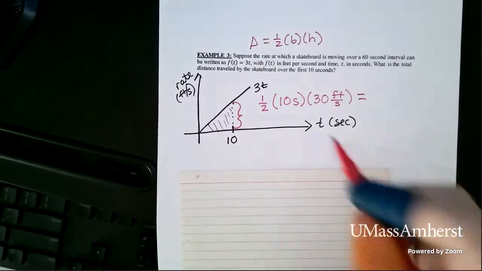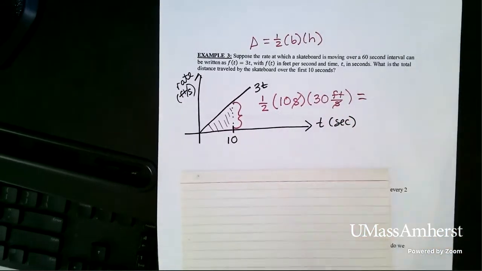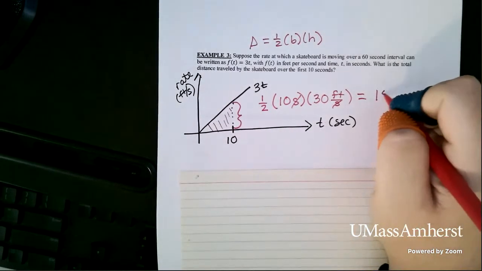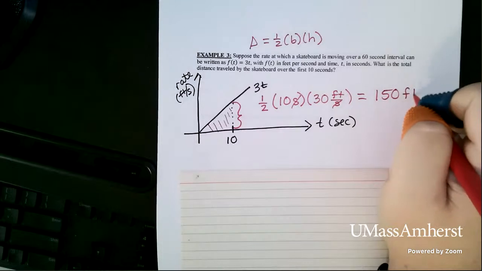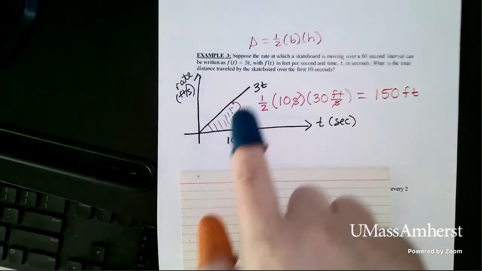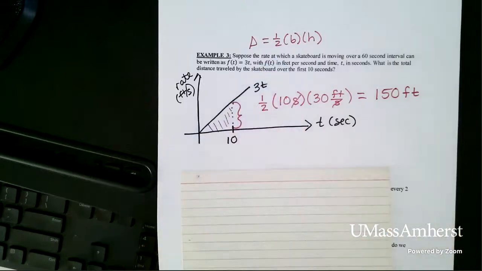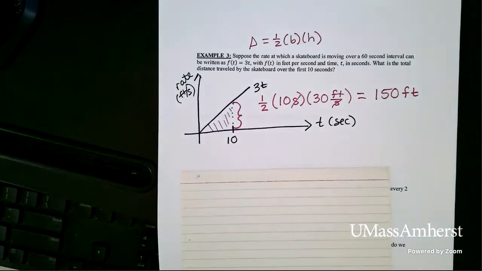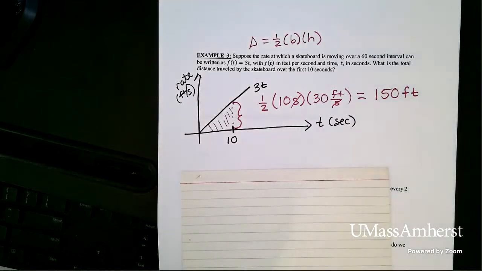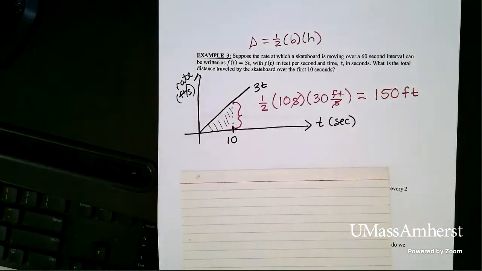Again, I notice that my seconds units will cancel, and I have 1/2 times 10 times 30, which gives me 150 feet. So I was able to determine the change in position, 150 feet, by looking at the area under the curve, the curve being a line here. So we're able to start to use this idea that area will tell us total change.